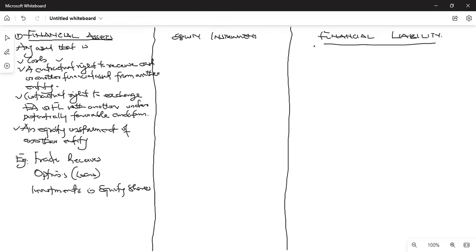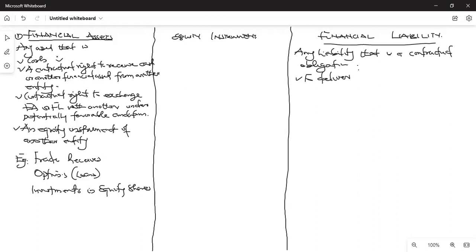So we say that a financial liability is any liability that is a contractual obligation, one, to deliver cash.